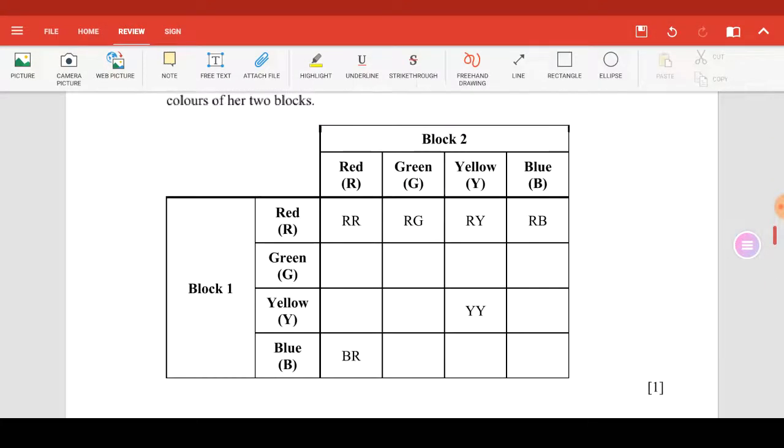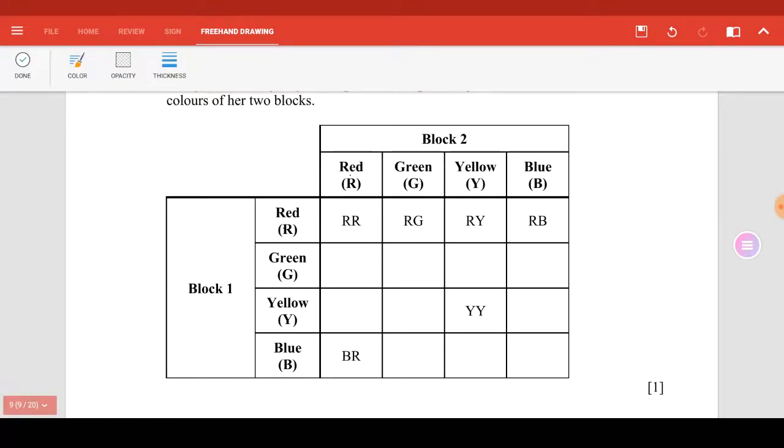Red with red. If the first one was green, the second one could be green and red, green and green, green with yellow, green with blue. The same, he may start with yellow, then red, yellow then green, or yellow then blue.